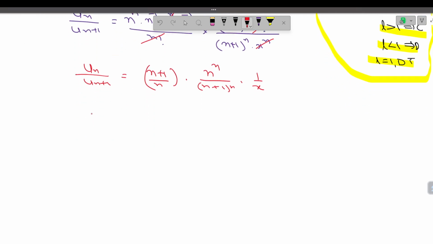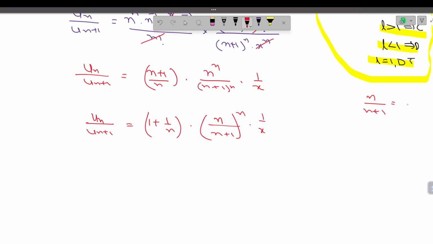Now what we are doing here, un by un+1. If you take n common, this will be 1 plus 1 by n, and this will be n by n plus 1 whole to the power of n into 1 by n. You see, n by n plus 1 is there.